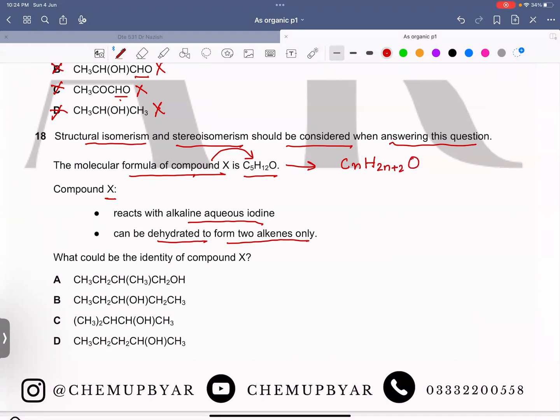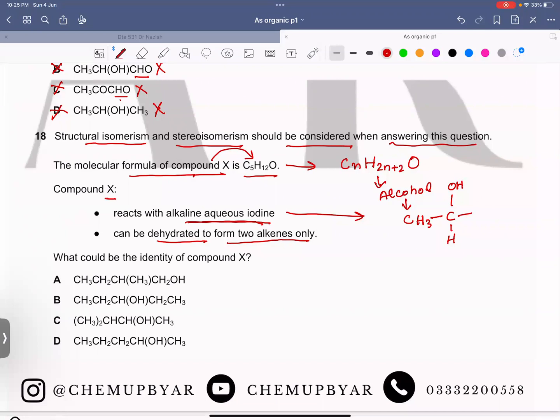It can be an alcohol. And if it is an alcohol and it is reacting with aqueous alkaline iodine, from these two things we can predict that this alcohol must have this structure, that CHOH is adjacent to CH3.